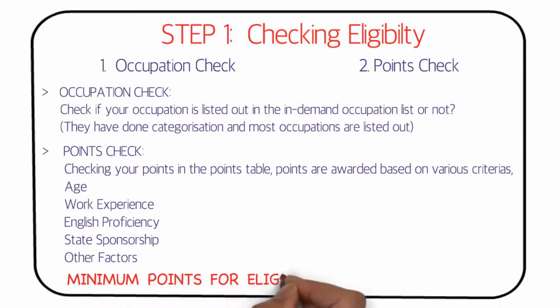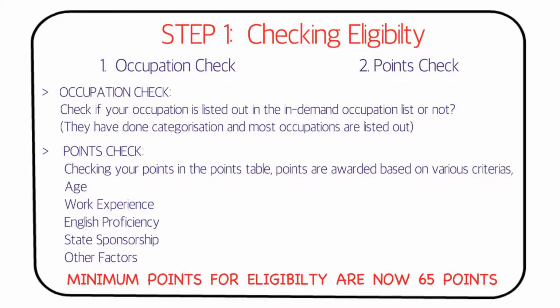Now let me tell you that the minimum points for eligibility is now 65 points, so you have to calculate accordingly and check if you reach the 65 points criteria or not.